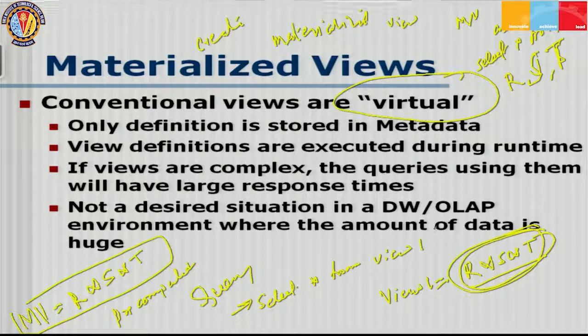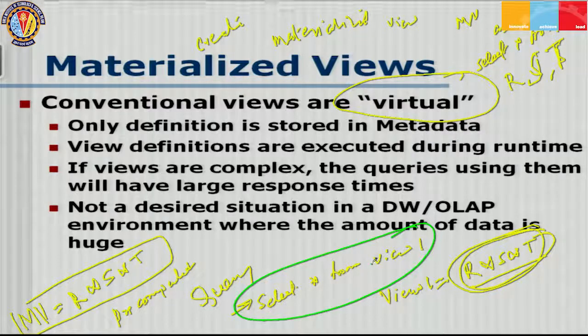So now let me use another color. When I execute this query, instead of saying view 1, I'll say materialized view. So select star from materialized view. Now this materialized view MV is already pre-computed. So this query will be answered within no time, right?